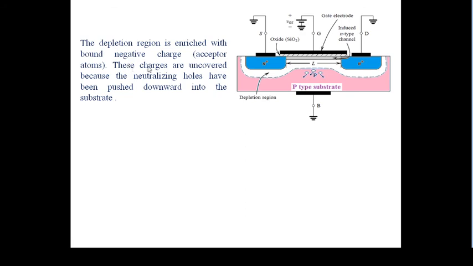These charges are uncovered because the neutralizing holes have been pushed downward into the substrate. The holes are pushed downward towards the substrate, and this region is now populated with electrons. So now we are inverting the p-type region to the n-type region, and the depletion region is initiated with the bound negative charge.